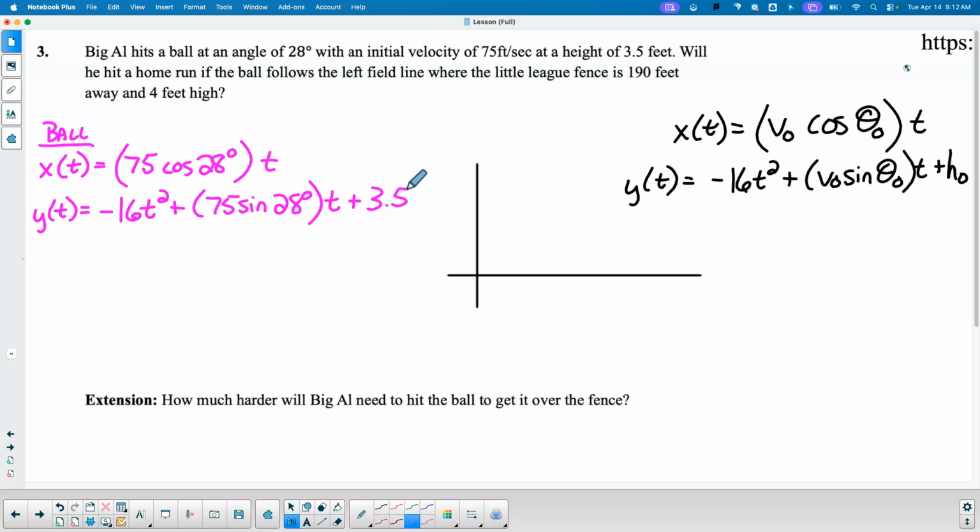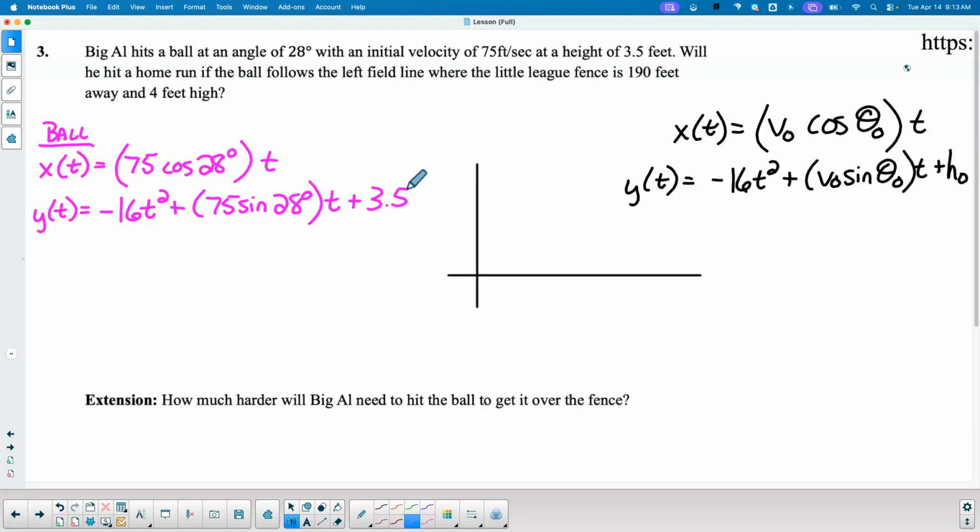Only thing left to have is a t value or a t range. What do you think the t range would be for Big Al hitting a baseball? What value of t are we going to start with? 0. Okay.